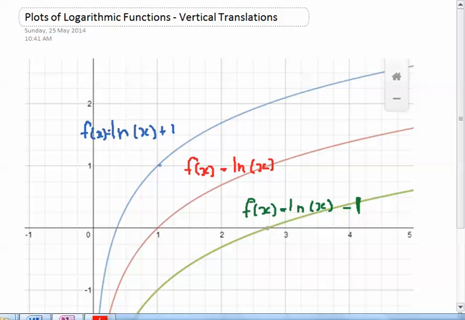So we've added 1 in the y or function direction, and similarly we subtracted 1 here, so we go from (1, 0) to (1, negative 1). And you're going to find that applies all the way along here. It might not look it further down this way, but it is the case that you're always subtracting or adding 1 to your basic function when you're talking about a vertical translation.